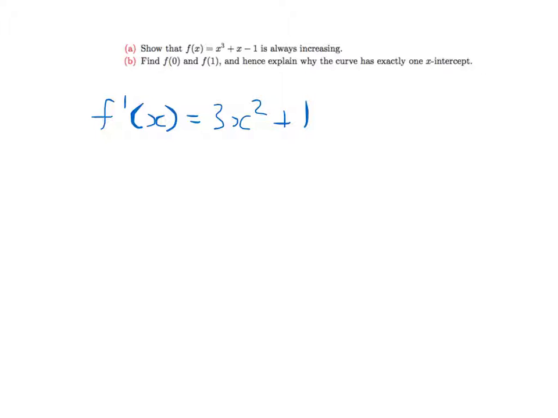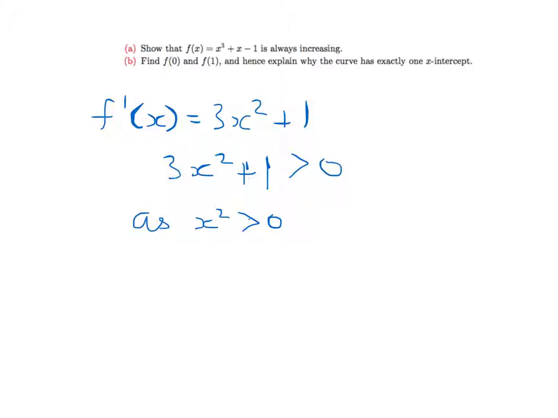Therefore, you could explain that in words. So you'd show that 3x squared plus 1 is greater than 0 as x squared is greater than or equal to 0.